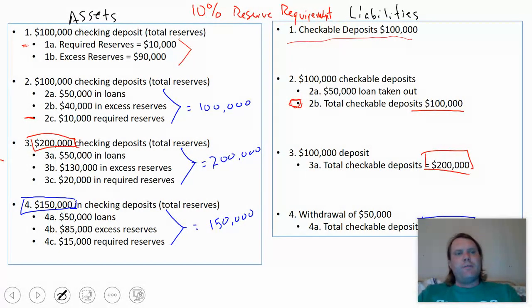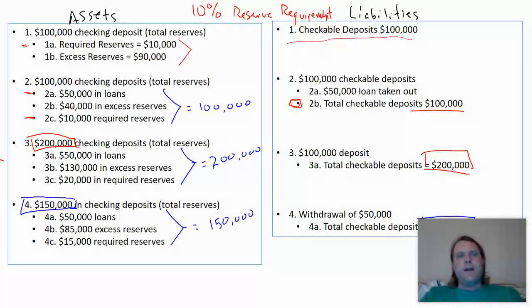Now we have a $50,000 loan out. So 50,000 plus 10,000 is 60,000. We can do some math with it too. If we have a reserve requirement of 10% and a $50,000 loan, we can figure out our excess reserves of 40,000. We can also say 90,000 minus 50,000 is 40,000.